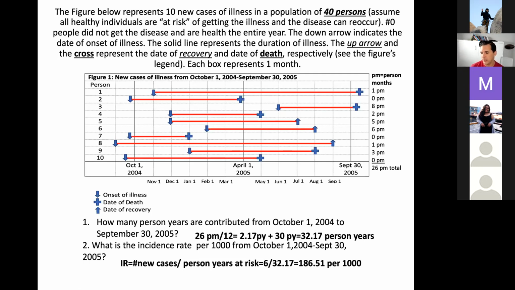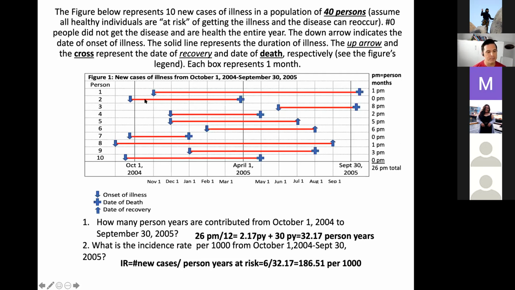Then for the incidence rate, the formula is the number of new cases over person years at risk. So you just calculated the denominator, which is that 32.17. So then you count up the number of new cases. So we have 1, 2, 3, 4, 5, 6 new cases from October 1st to September 30th.